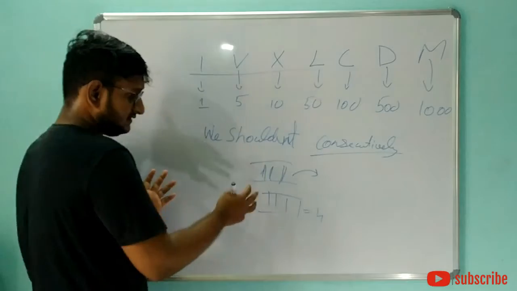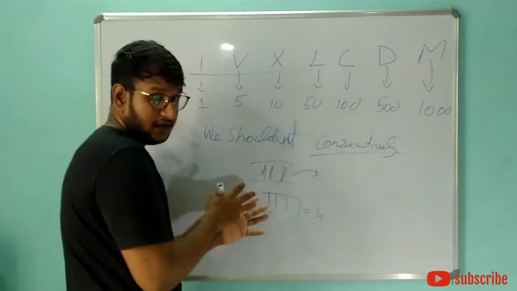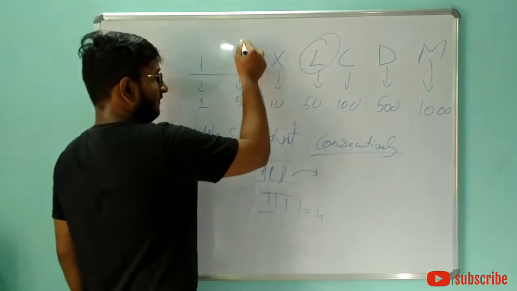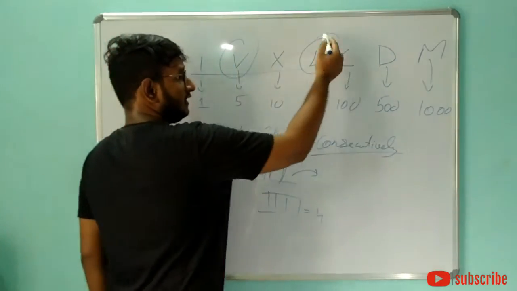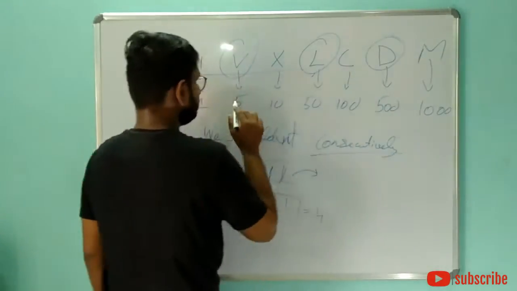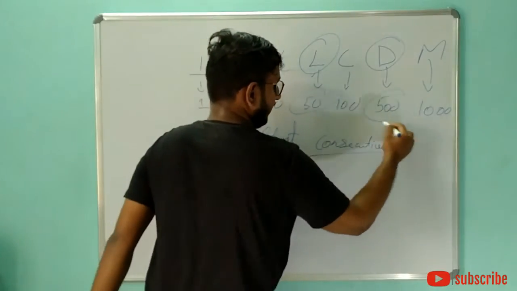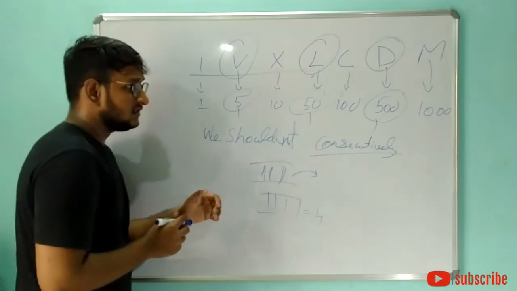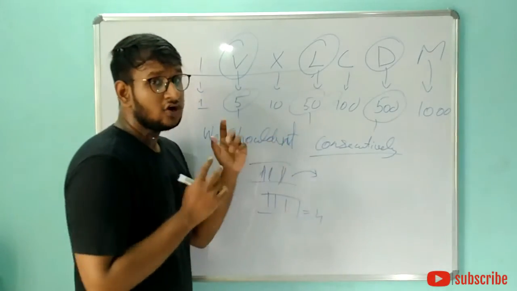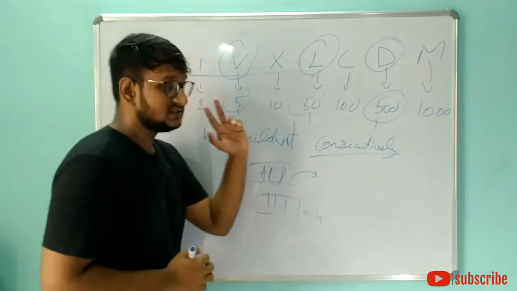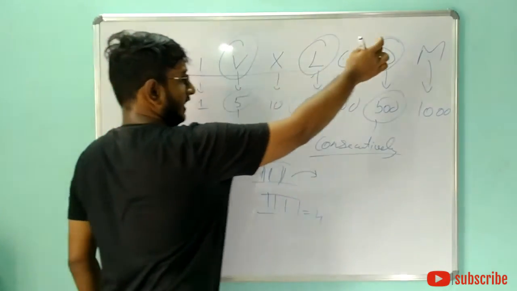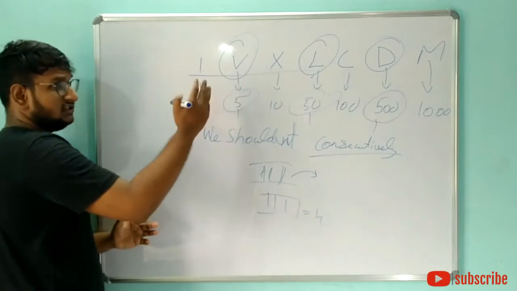But there is an exception for the symbols V, L, and D, that is 5, 50, and 500. These three numerals cannot be repeated more than once. We can't use these numbers consecutively.